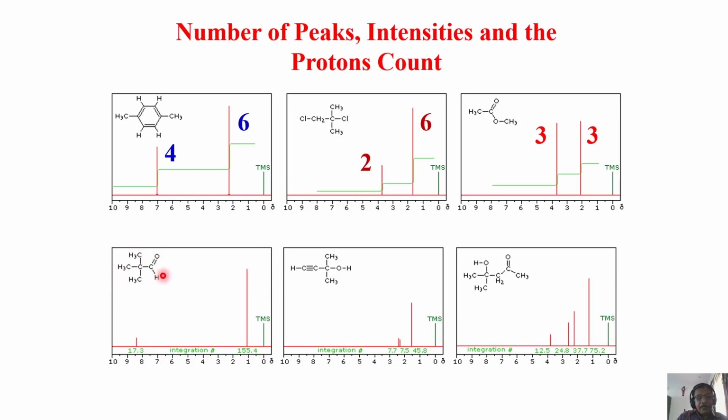So in this molecule, there are 10 protons, 9 of which are equivalent because of 3 CH3s, and only one is different. So what should you expect? Two peaks. What is the intensity ratio? 1:9. Marvelous. We understood that, right?